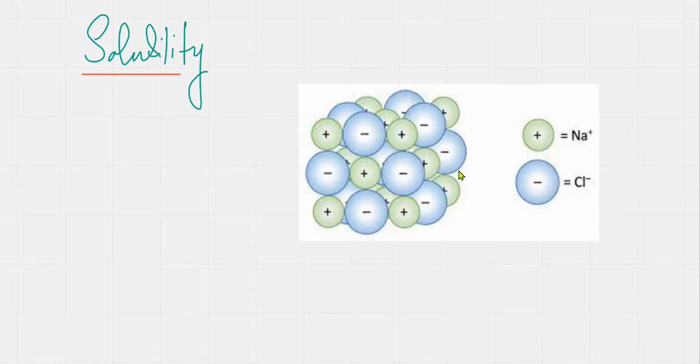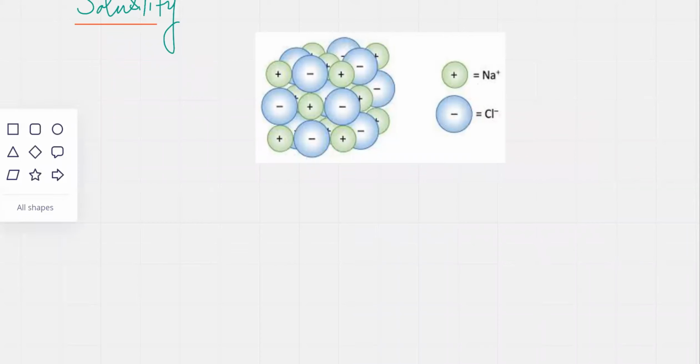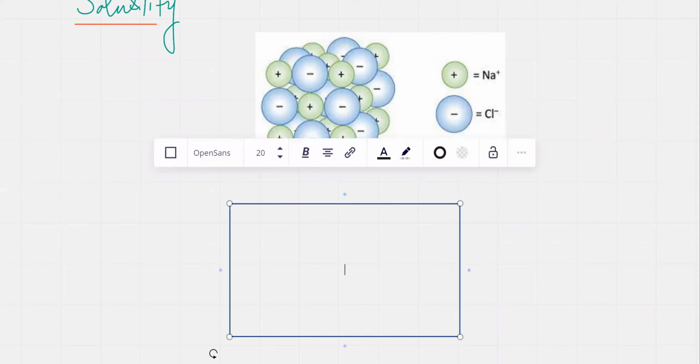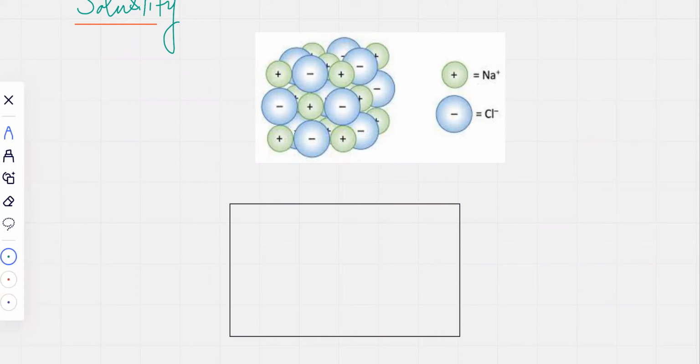What exactly happens when you try to dissolve NaCl? So let's have a beaker, and I'm trying to dissolve NaCl in water. So here's my water. When I take a crystal of NaCl, I'm going to put it in water and stir it vigorously with a spoon.